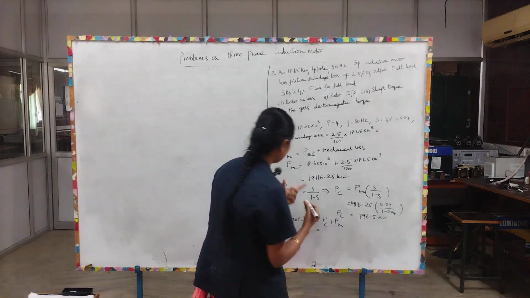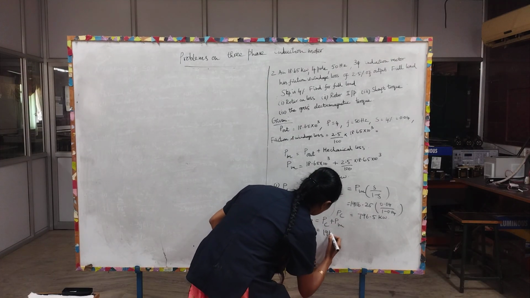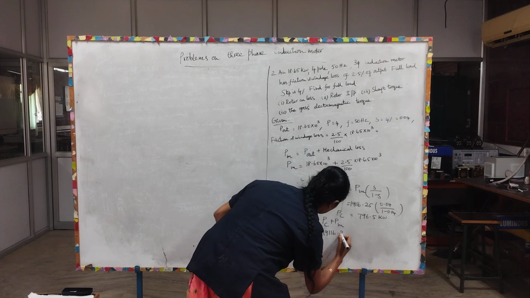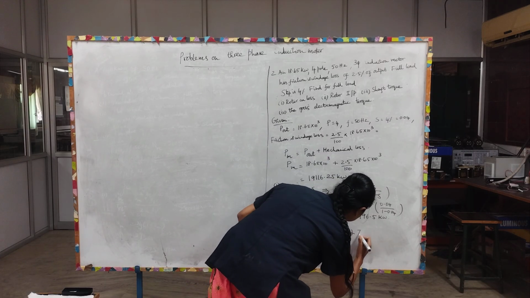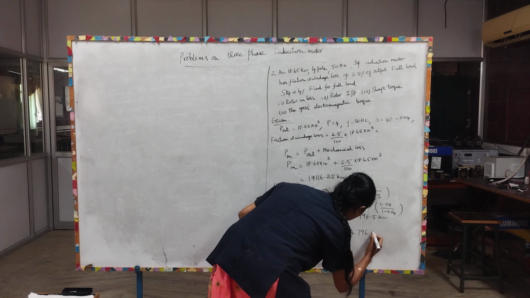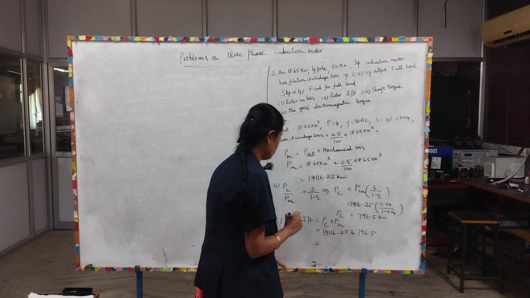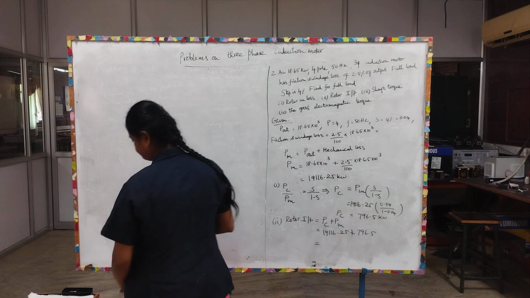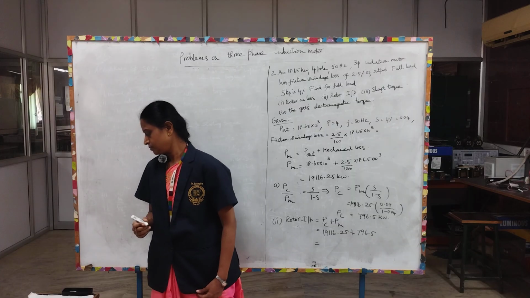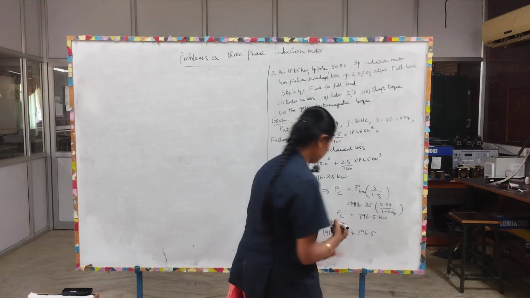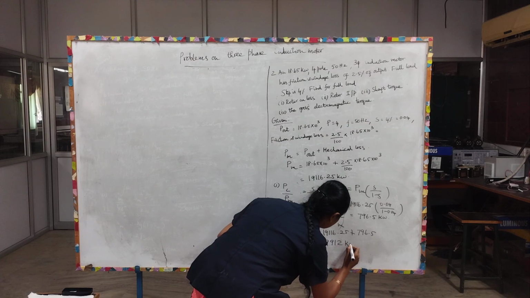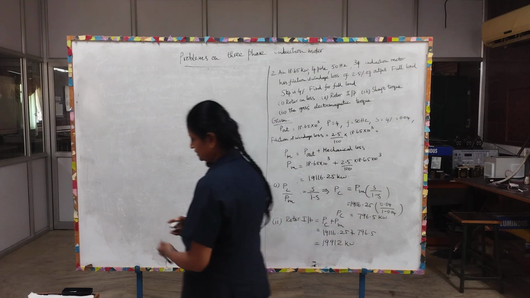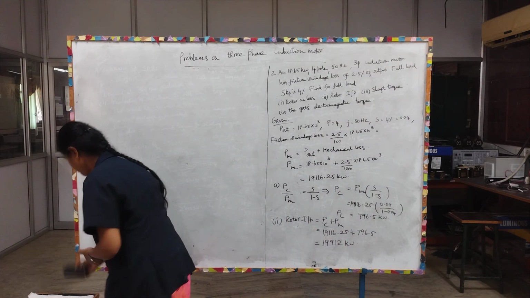So PM is 19116.25 plus PC is 796.5. So if you sum these two, you will be getting 19912 kilowatt. So this is the second division.